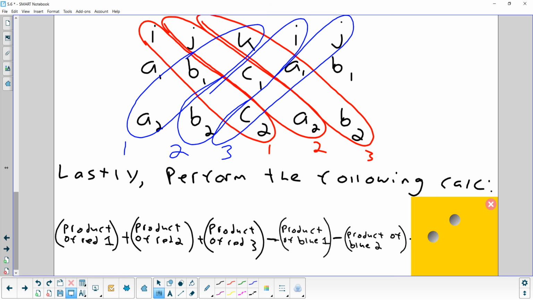Multiply everything on blue diagonal number 2 and subtract it. Multiply everything on blue diagonal number 3 and subtract it. And once we fill numbers in for all 10 of these letters, then it looks a lot simpler.